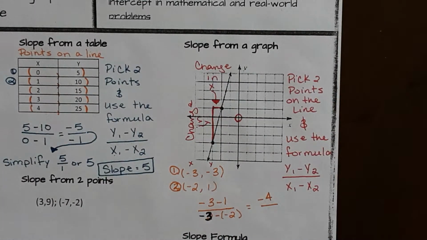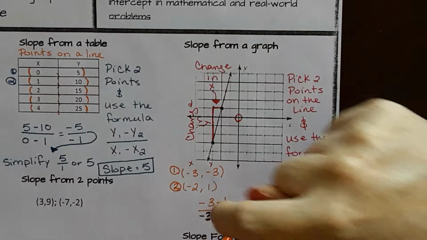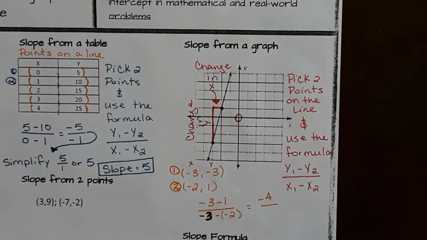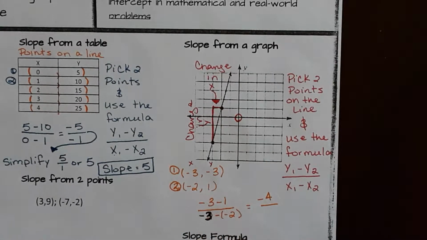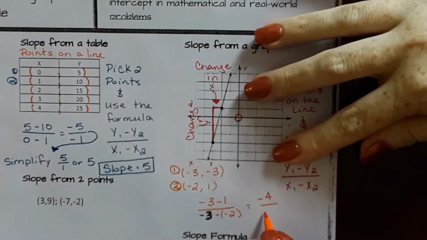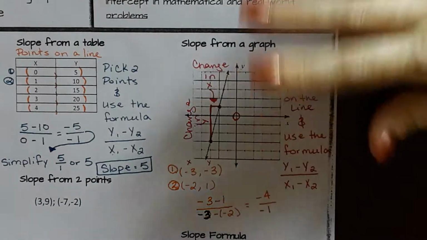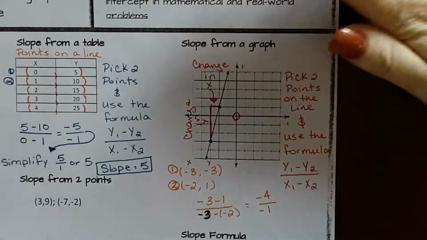And then we have -3 minus -2. And remember, when you have two negative symbols or two minus signs, they counteract one another, and your number will become less negative. So we have -4 over -1.